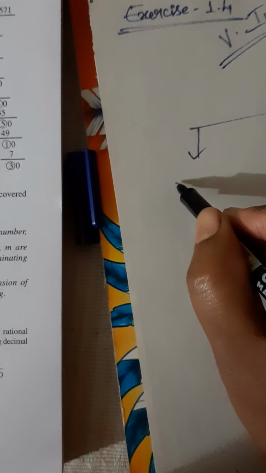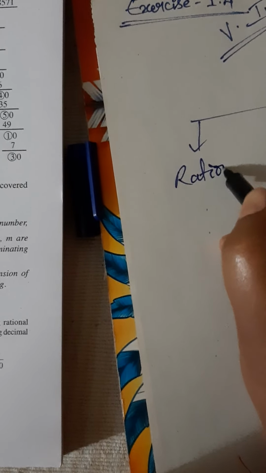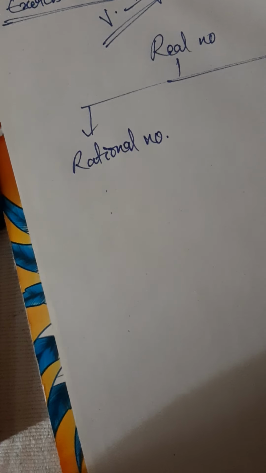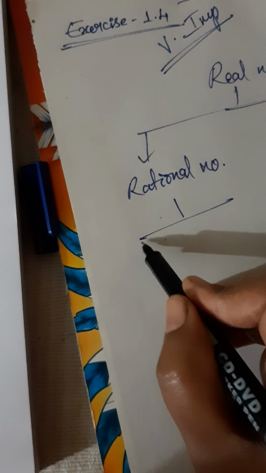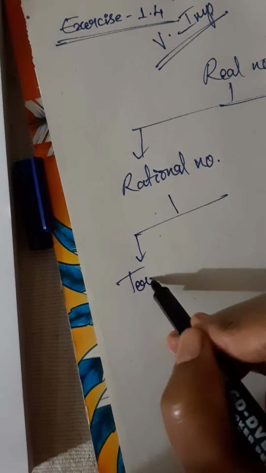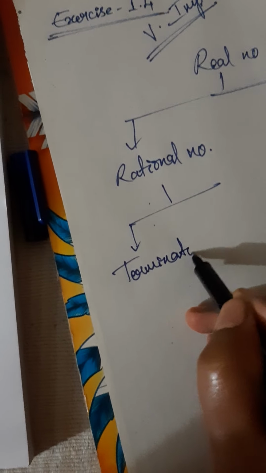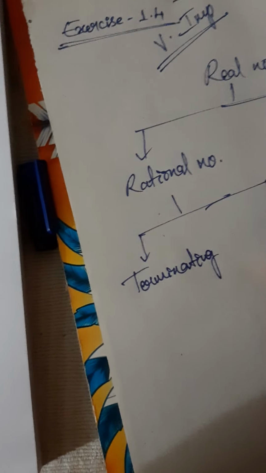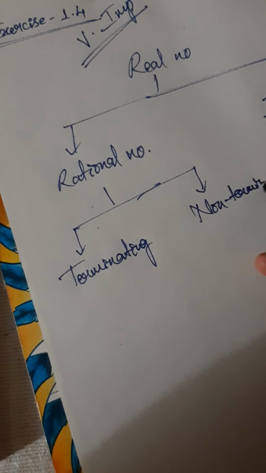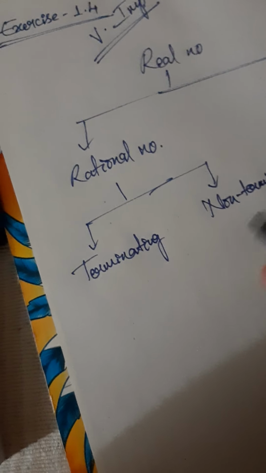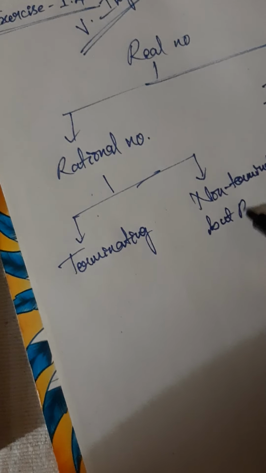One is rational numbers, another one is irrational numbers. In rational numbers, again we have two types, that is terminating and another one is non-terminating but repeating.